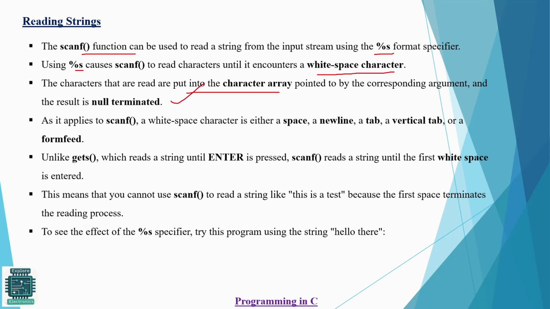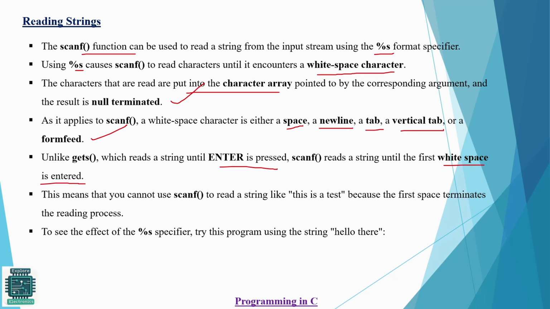As it applies to scanf, a white space character is either a space, new line, tab, vertical tab, or form feed. Unlike gets, which reads a string until enter is pressed, scanf reads a string until a white space character is entered.